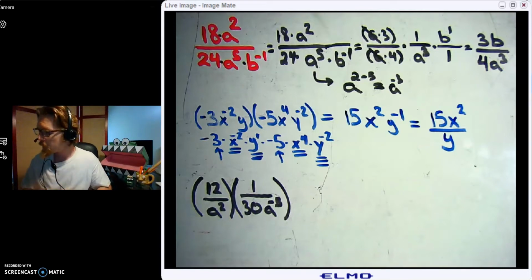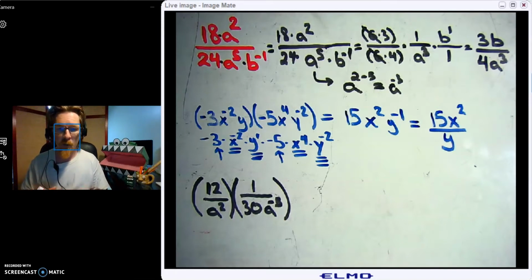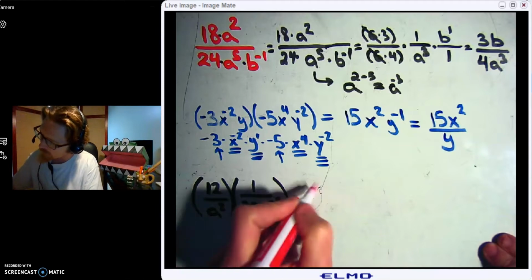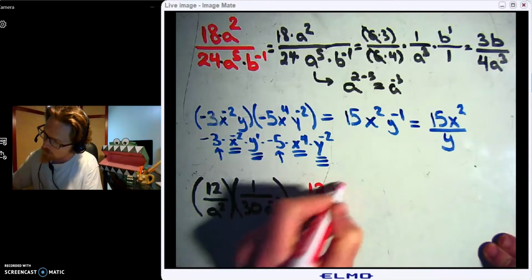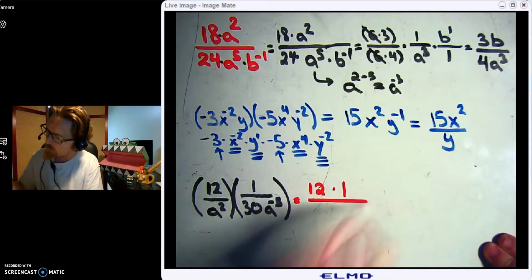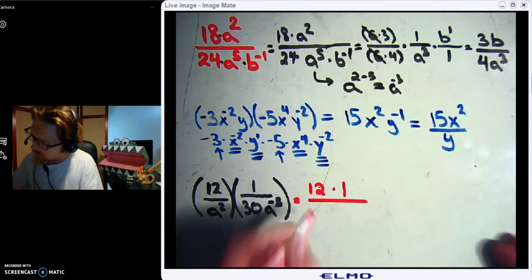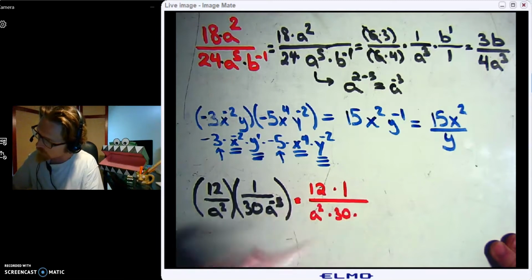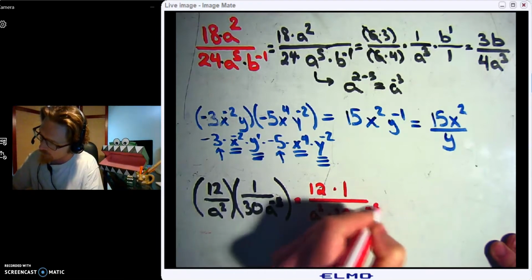Now my last problem here, 12 over a squared times 1 over 30 times a to the negative 5. So again, because this is just multiplication, there's no addition or subtraction, I can combine it into 12 over 1, or 12 times 1, that's the numerator, and I have a squared times a 30 times an a to the negative 5.